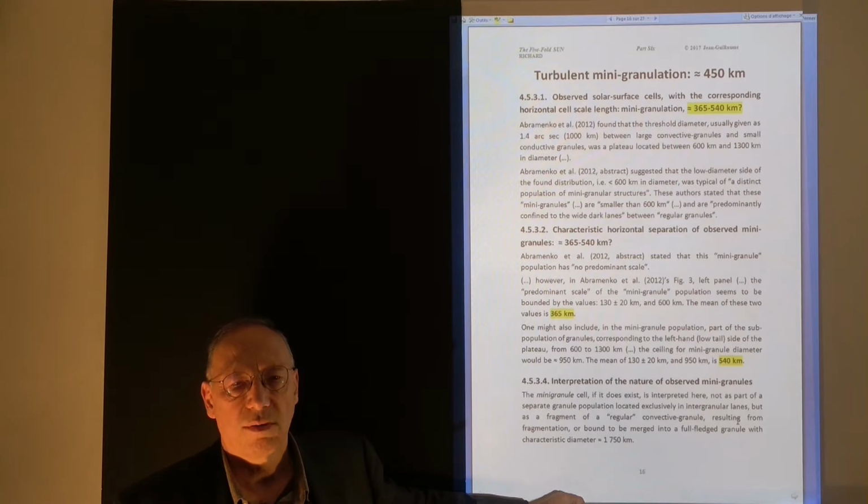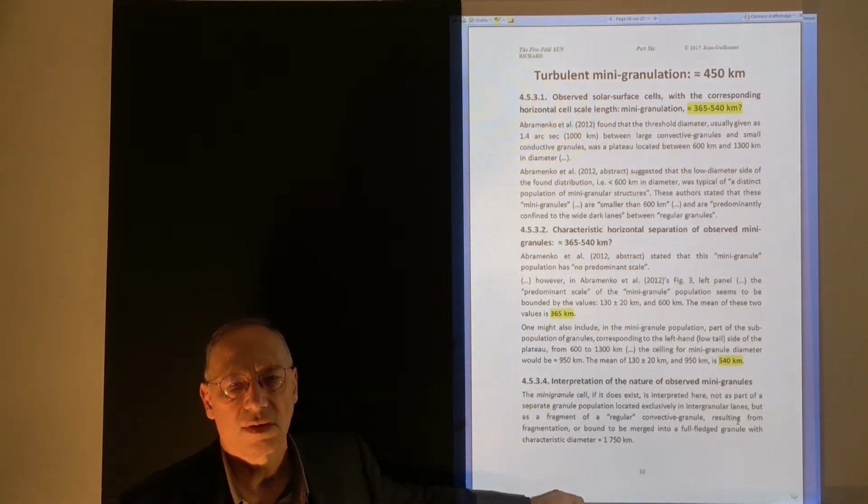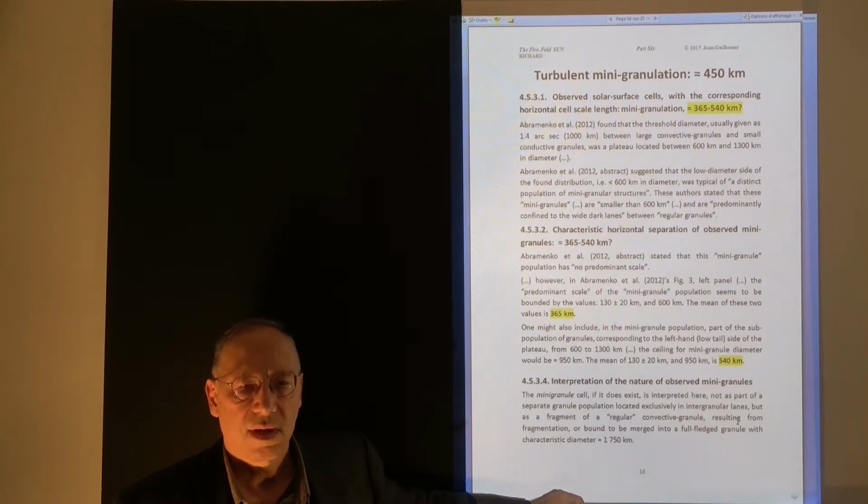And then we go below the cell scales of 1992 retained by Mackintosh. We learned that some authors, for example, Abramenko and collaborators in 2012, found that there is a typical concentration in the distribution of granules below a certain threshold. And they find a typical size for these mini granules, as they call them, less than 600 kilometers in horizontal separation.